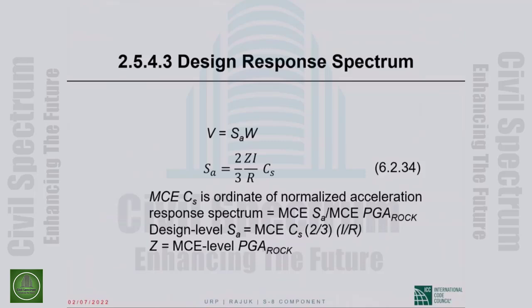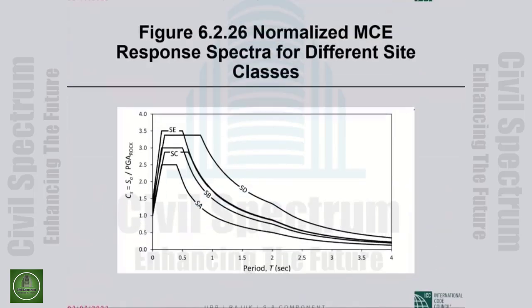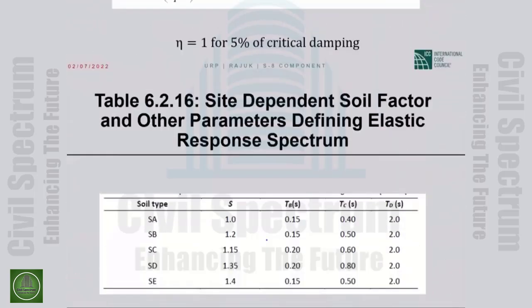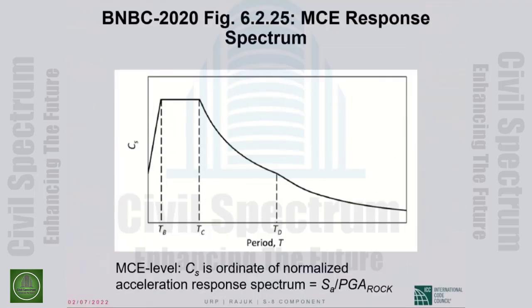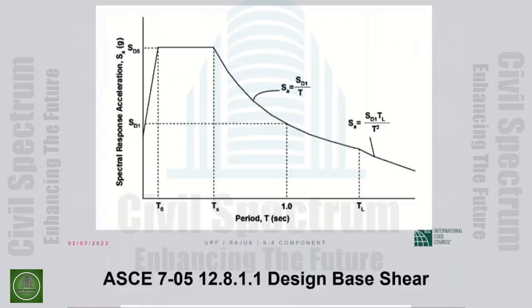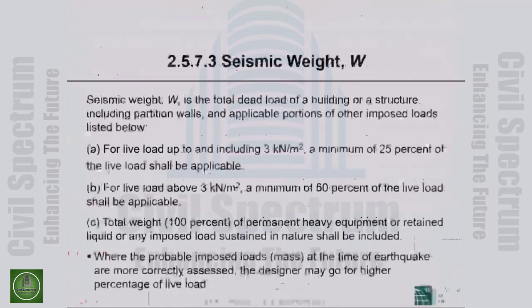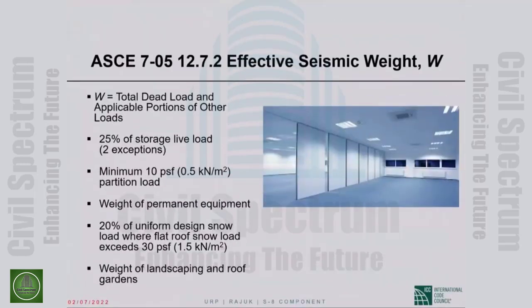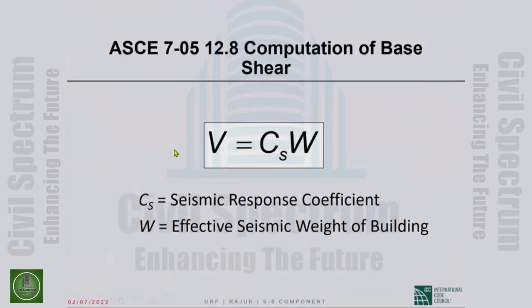At the beginning, for the ASCE 7 equation, it is worth going back. I started with V equals C sub S W, big and bold. C sub S is the seismic response coefficient.